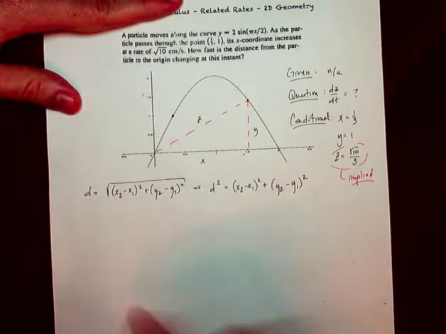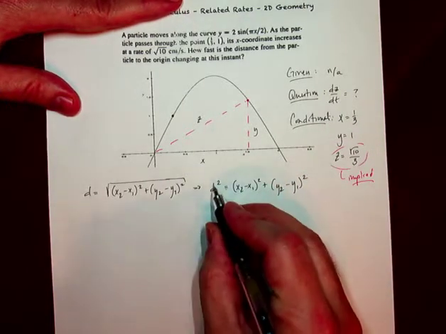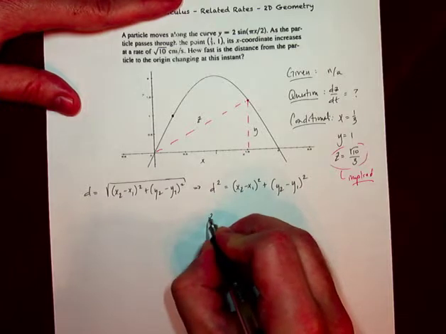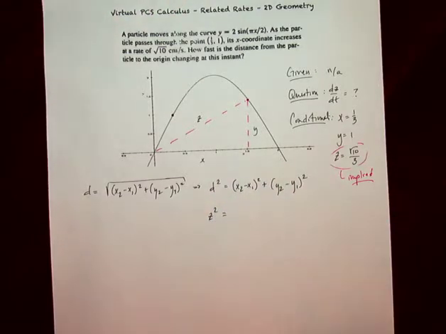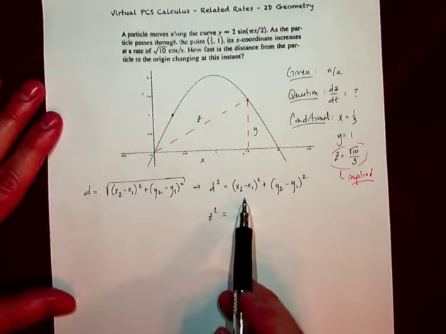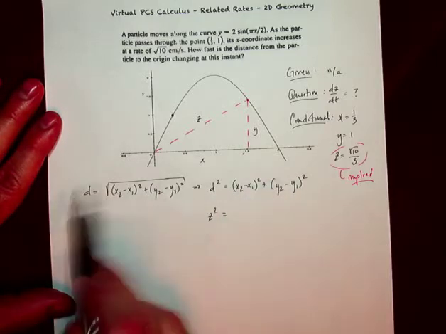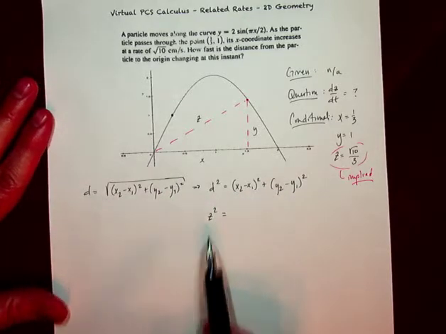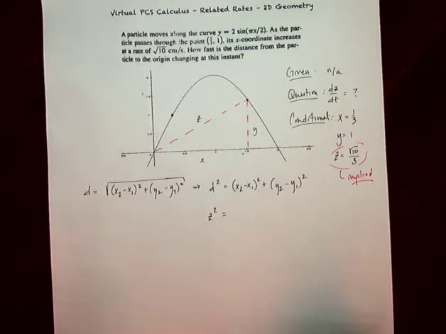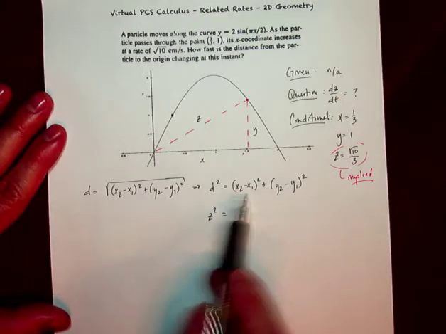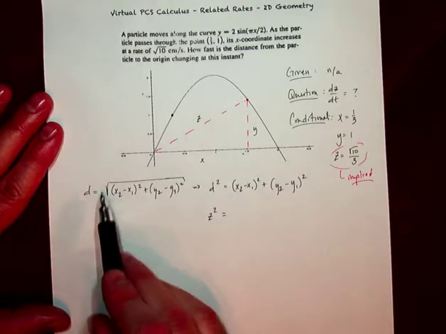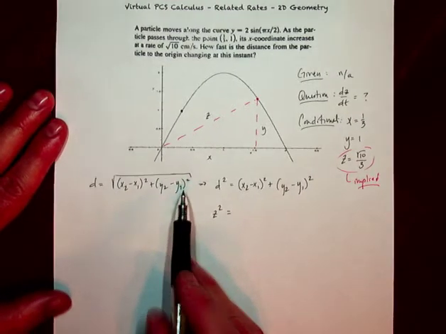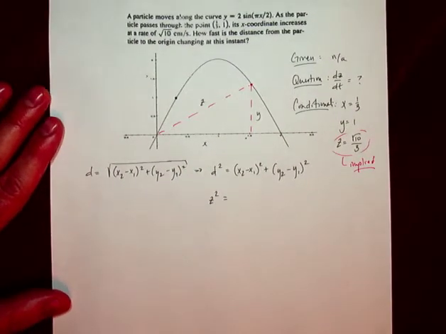Now, in our case, however, we're using z instead of d. And the reason is I want to differentiate from something more akin to this than this, because I'm still going to get my dz/dt, but if I do it from here instead of from here, I don't have to worry about the radical. And I still wind up getting the same thing, right?